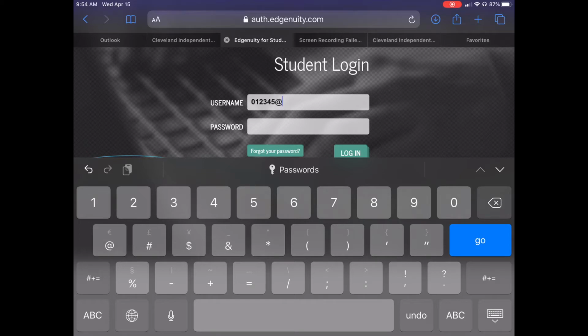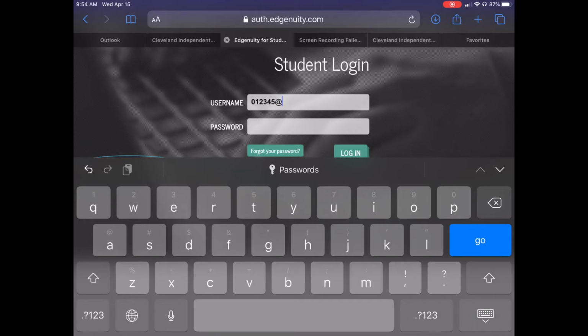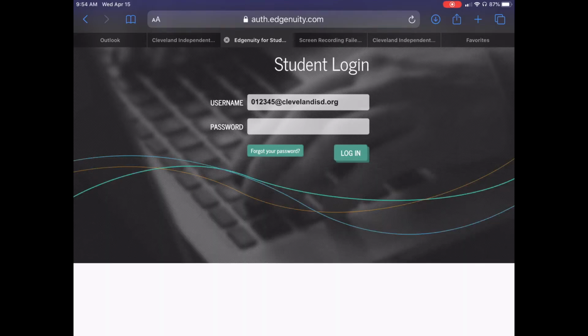I need to put the 0 at the beginning, at clevelandisd.org. Your password is going to be Cleveland. Try with a lowercase c. If that doesn't work, try the capital letter C for Cleveland.